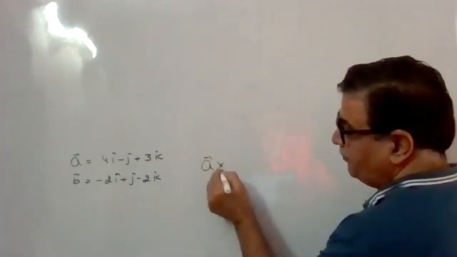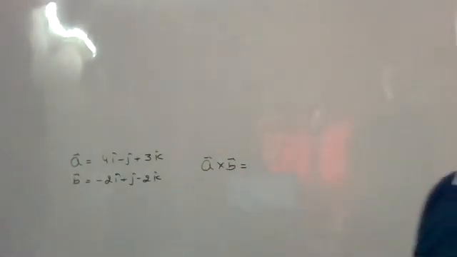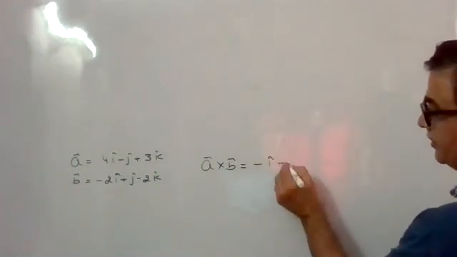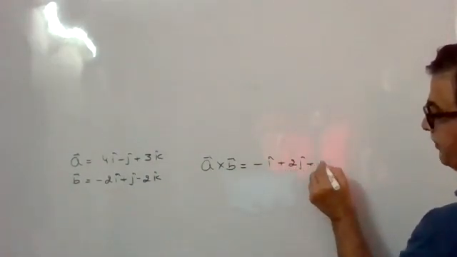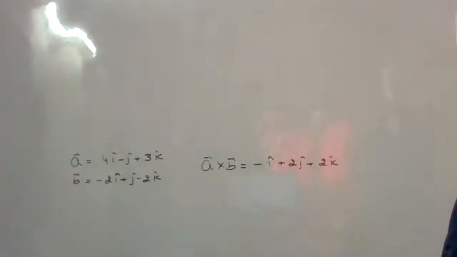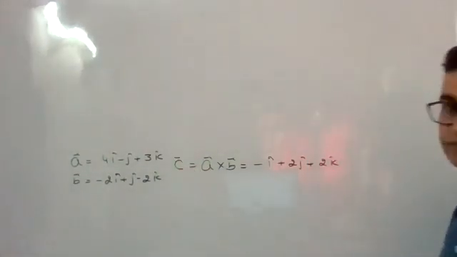Tell me, A cross B, you all say. From minus i, twice i. Minus i plus 2j plus 6k. Yes, plus 2j plus 6k. So 2k will come, right? This is a vector C I am taking, right?